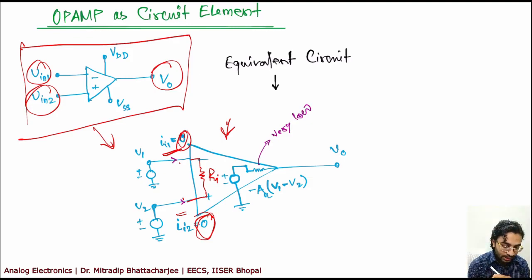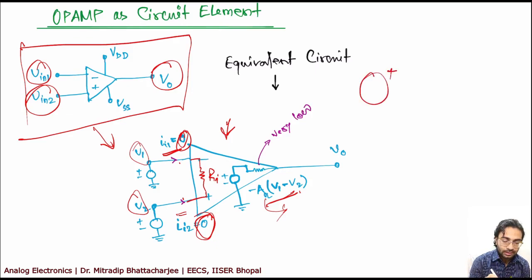Similarly, on the output side, what will be your output voltage? It will be AOL into V1 minus V2. This is V1, this is V2. So it is the open loop gain times V1 minus V2, and the output resistance will appear in series with the output voltage, right? Because if it is a voltage source, where does the resistance appear?